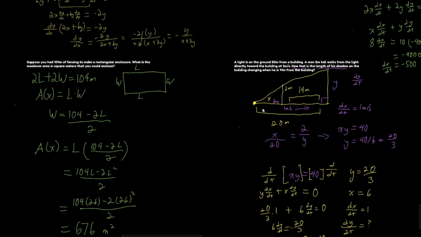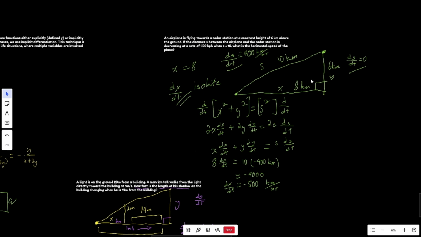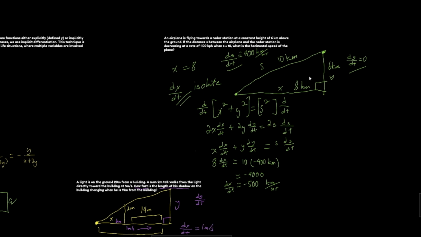While in related rates, the changes of certain values, like for example here, the change in the guy's movement or the change in the guy's position with relation to time or his speed, that affects the speed of his shadow changing. And for the one on top, when the airplane is moving to the left, that also affects the horizontal speed of the plane. So that's pretty much how they all tie in and they compare with one another.